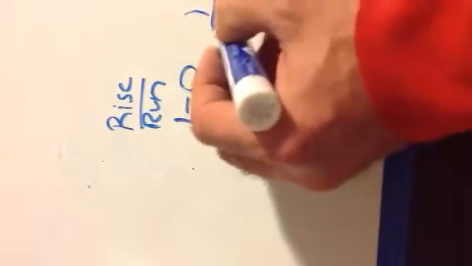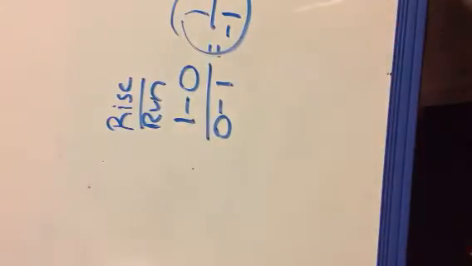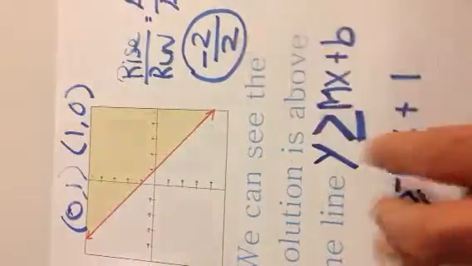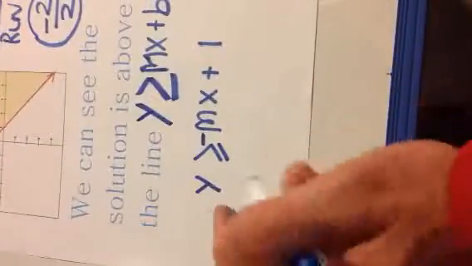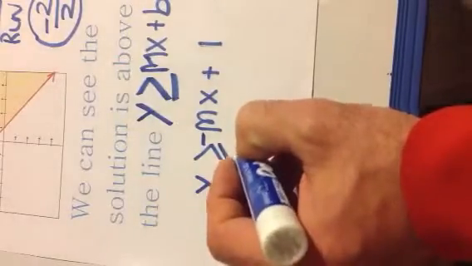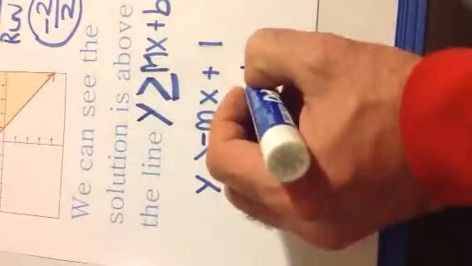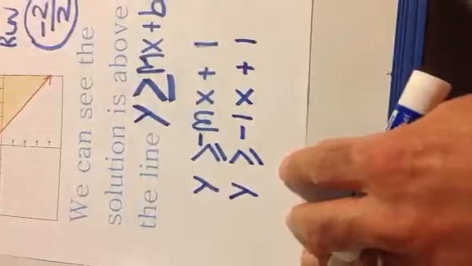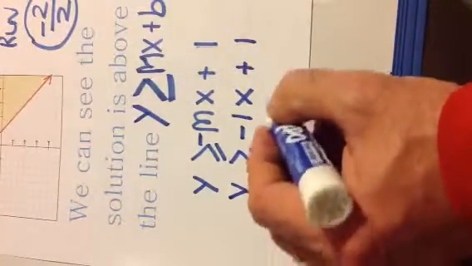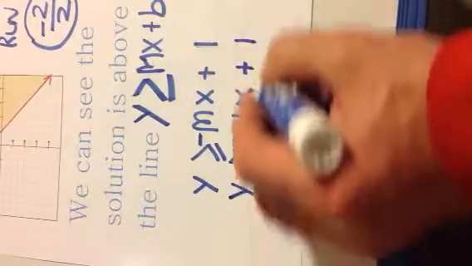And you get 1 over negative 1. So the slope is negative 1, which you knew by just doing this before. So now we know our equation. We'll bring it here. Y is greater or equal to negative 1x plus 1. In fact, you don't even need the negative 1. You can just say y is greater or equal to negative x plus 1. That's the solution.